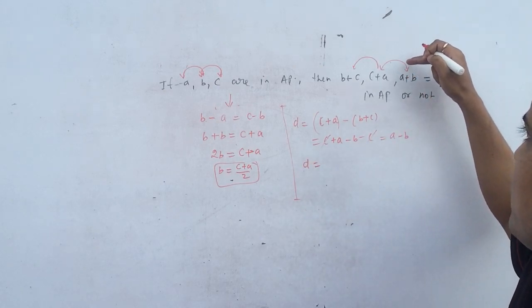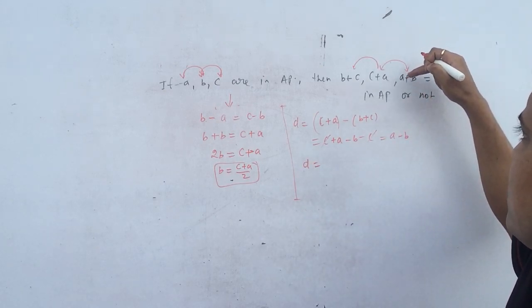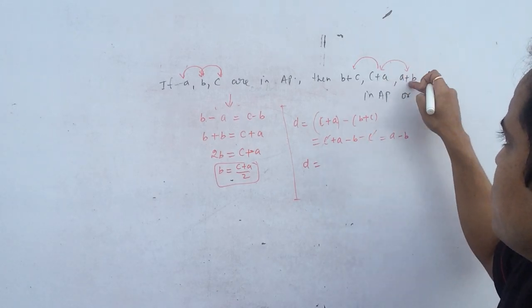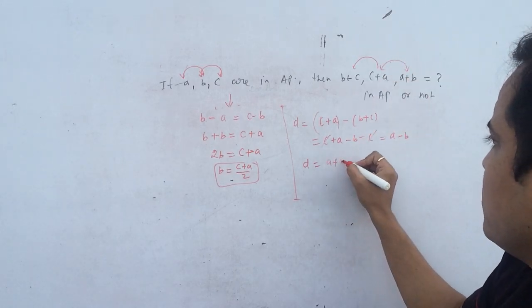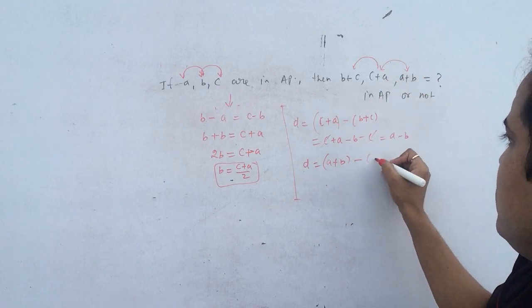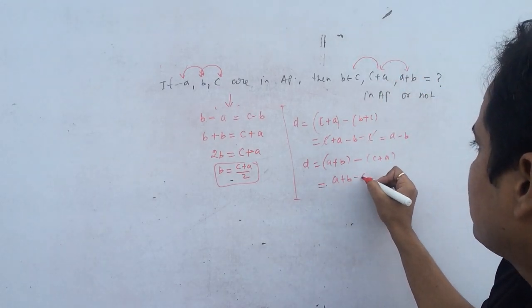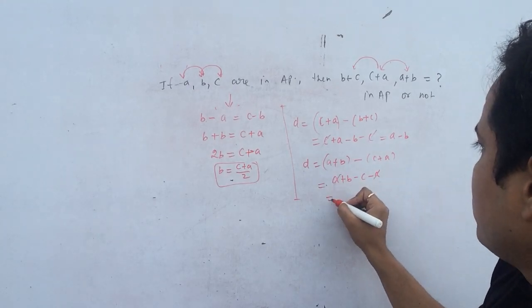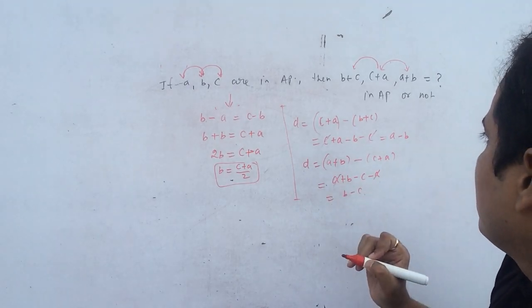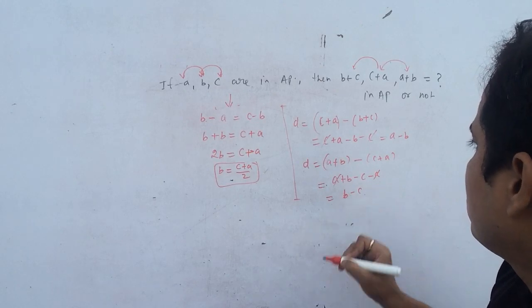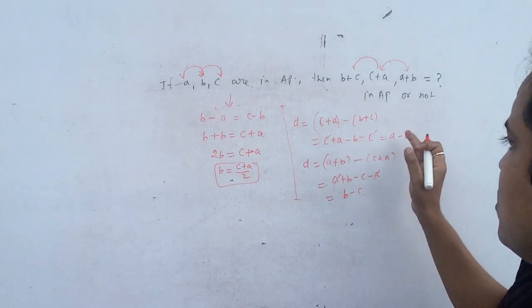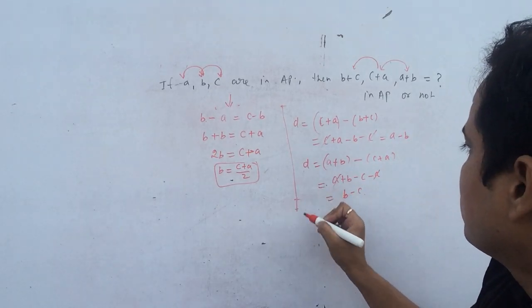Also you can find D by subtracting A plus B and C plus A: the term minus the previous term, A plus B minus C minus A, you would get B minus C. So is this equal?